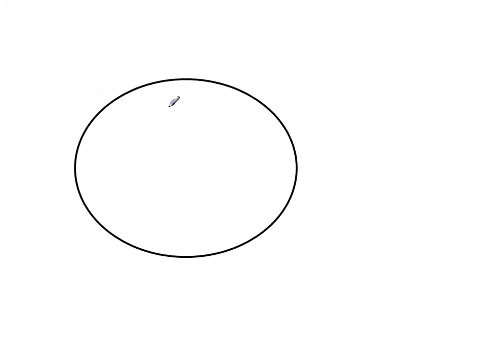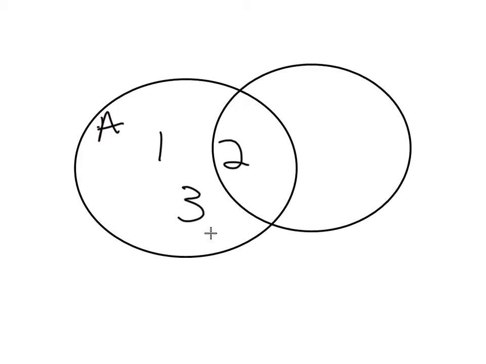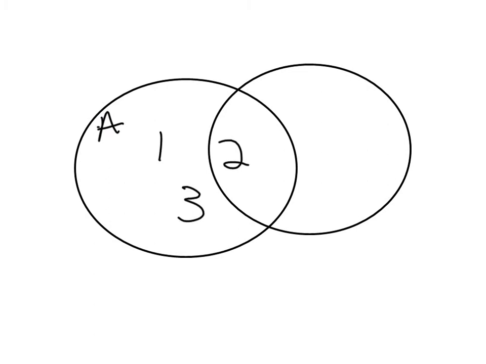Let's see this in a little bit of a picture representation. Here's set A, with 1, 2, 3 floating around in it. Then we have the set B, and you can already see I'm cheating. There's my 2 that they overlap in.